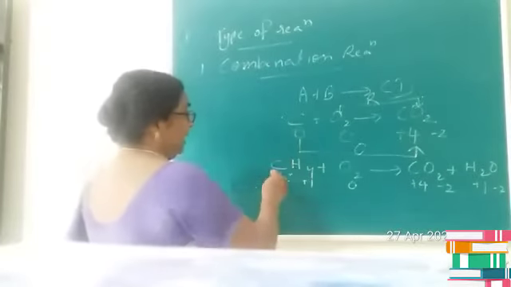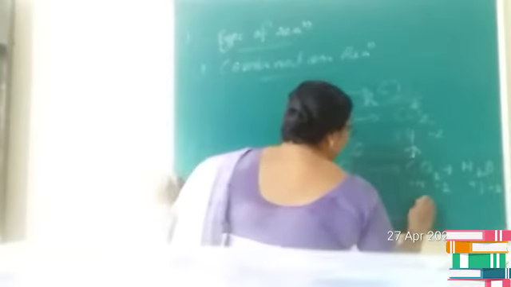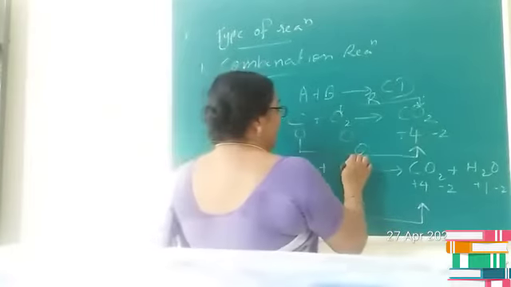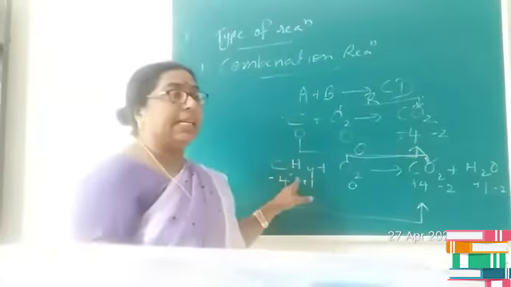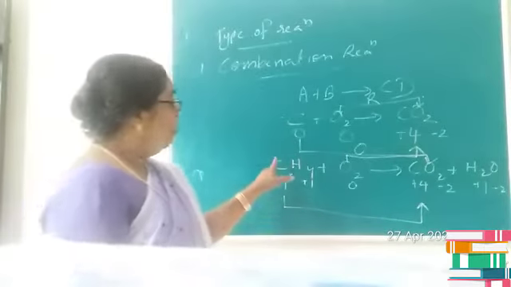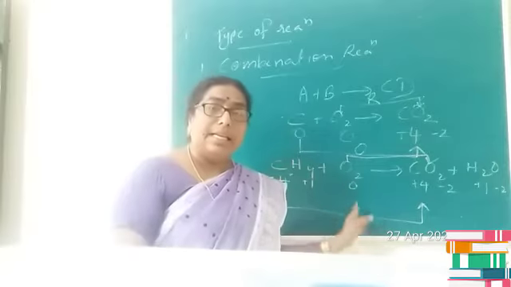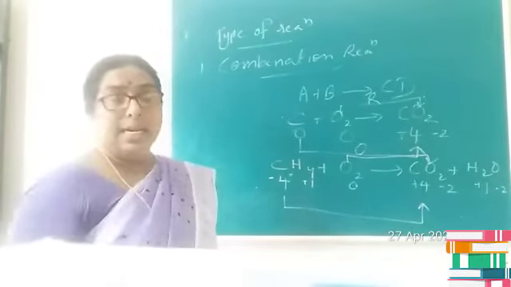Now we can see that the oxidation number of carbon increases from minus 4 to plus 4, and that of oxygen decreases from 0 to minus 2. Again we have seen, children, that in a combination reaction one element undergoes oxidation and the other undergoes reduction. So it is a type of redox reaction.